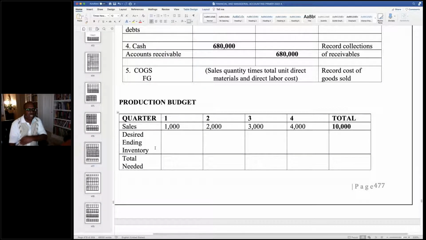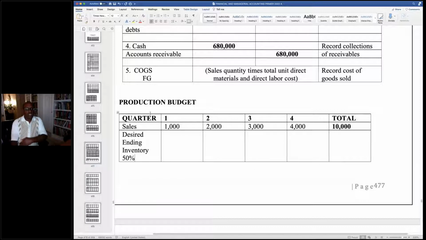So your desired ending inventory is 50% of the next month's sales. So what you're producing then is the current month plus 50% of the next month. So under total needed, we would put 2,000, because you're doing the one you have plus half of the next one. Right.